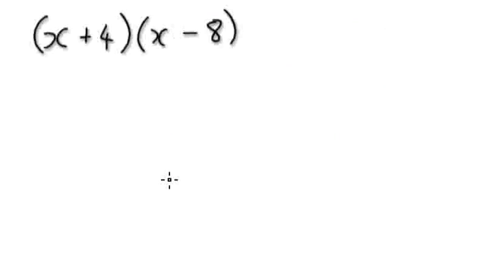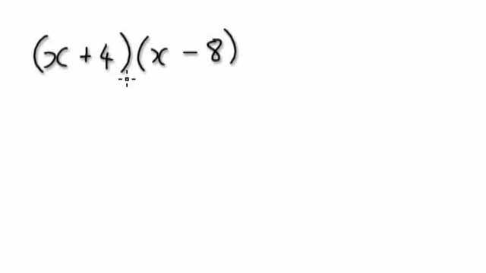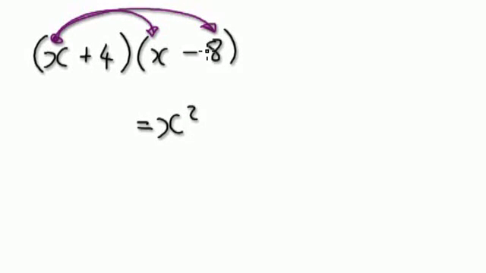So next example, this one here. Again, the only difference is that we've got a minus here. So we'll just do this. This times this will be x squared, and then this times this. Don't forget it's minus 8, so it will be minus 8x.